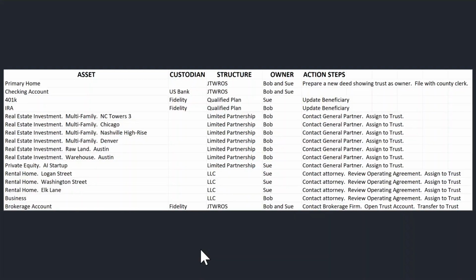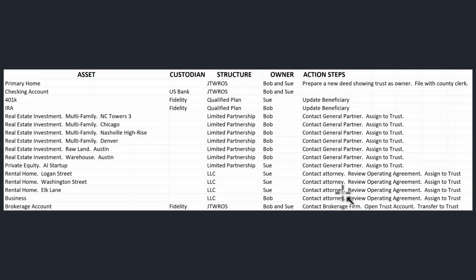If you are invested in LLCs or own an LLC, the process is going to be a little bit more involved. You're going to need to contact your attorney, and the steps will be different. In our example, Sue has several LLCs that own rental properties. When you have an LLC, depending upon whether or not you have partners or it's a single member LLC that you own entirely, you're going to need to contact your attorney, have them review your operating agreement, and determine if there are any amendments that need to be made to your operating agreement that will allow you to transfer your interest in the LLC over to your trust.